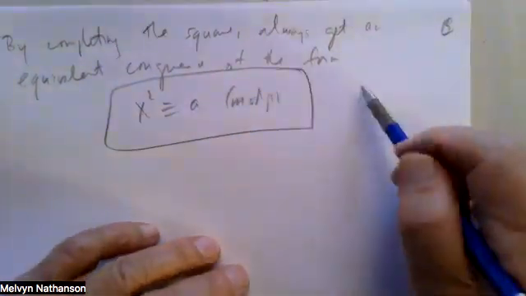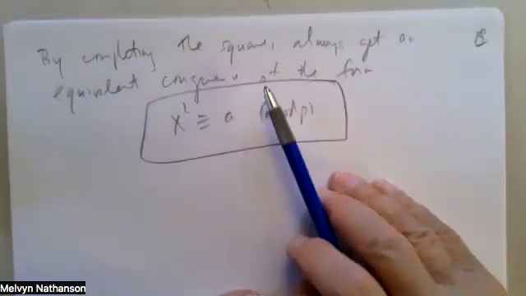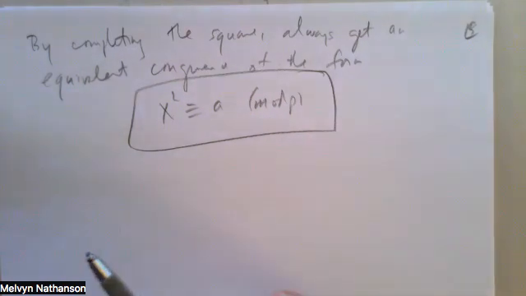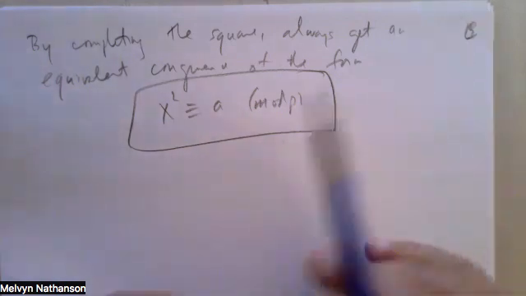So our goal to solve quadratic equations is that we just have to know when you can solve this kind of congruence. Sometimes it has a solution, sometimes it doesn't.